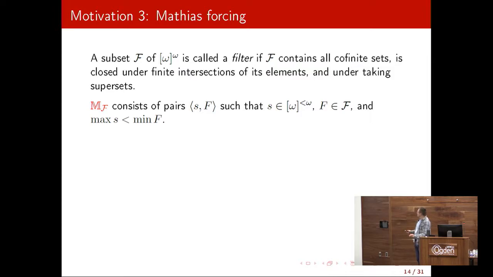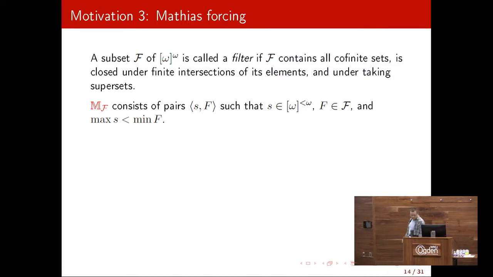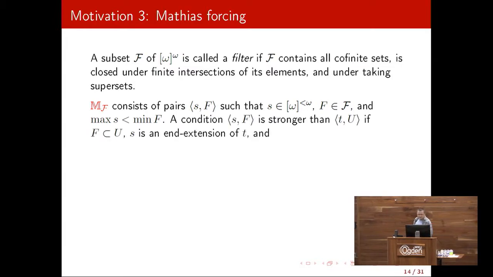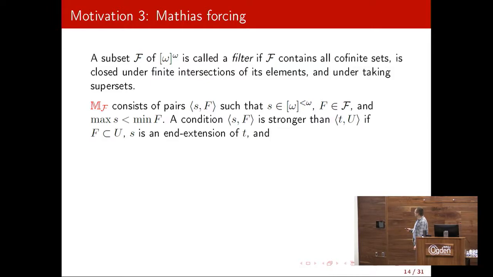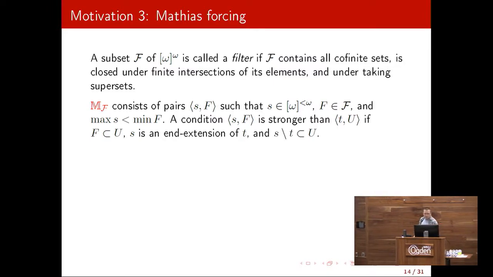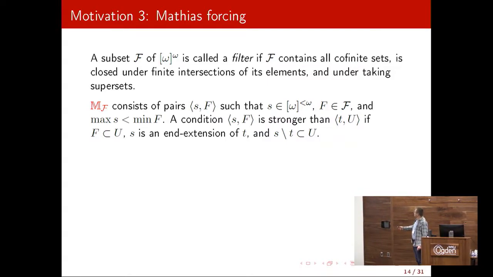The first coordinate is just the finite bit, and the second coordinate is an infinite element of your filter, which is above the maximum of this finite bit. And you say that one condition is stronger than another if the finite bit grows as an end extension, the infinite bit shrinks, but the new portion of the finite bit must get into the old infinite part.